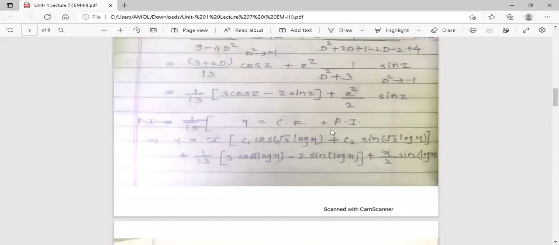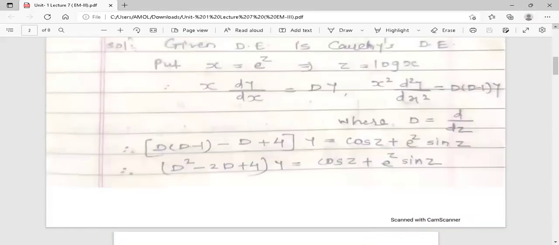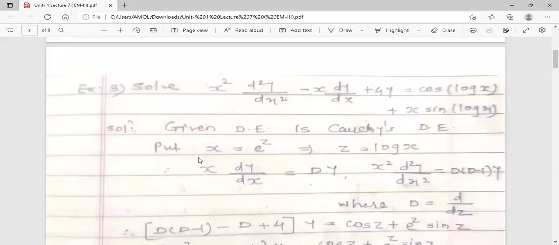Y is equal to CF plus PI, and every term of your solution must be in terms of x and y. Means in the last step you put your substitution. You use x is equal to e raised to z, means z is equal to log of x, to get your answer in terms of x and y.